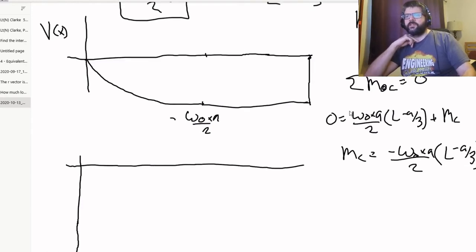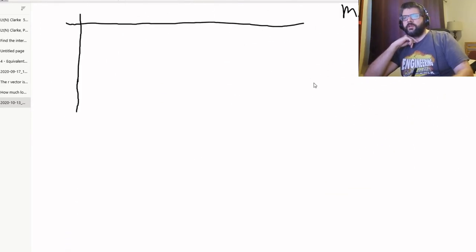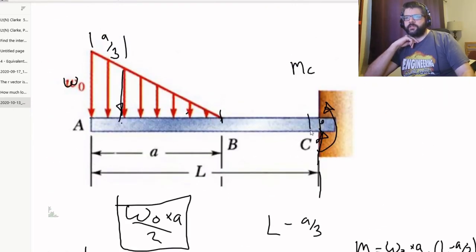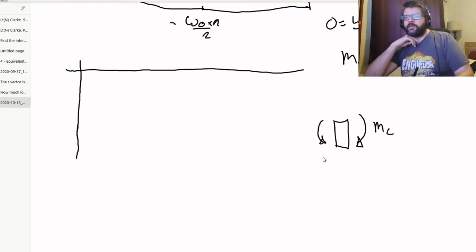So that means that if we take a tiny little slice just to the left of C there, essentially the reaction is going to be imposing a moment of MC there, and then immediately to the left of this, we're also going to get the same amount just counteracting.